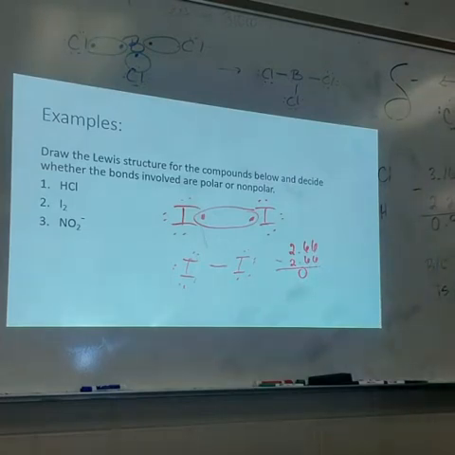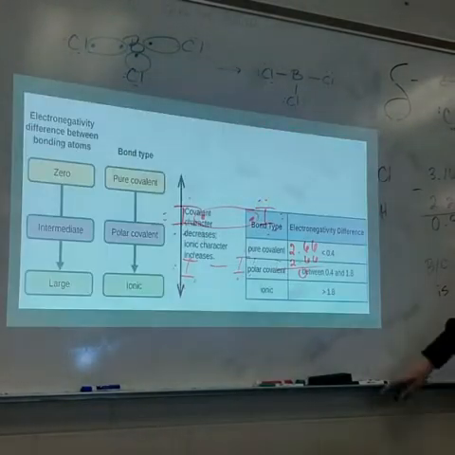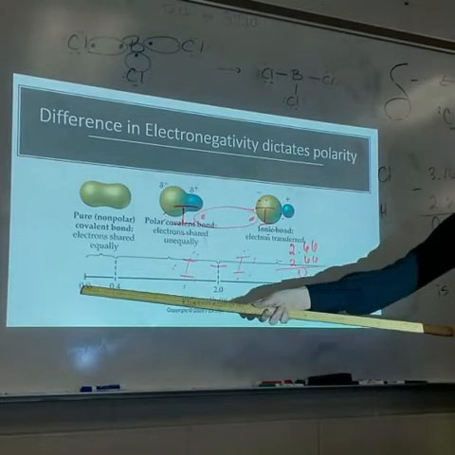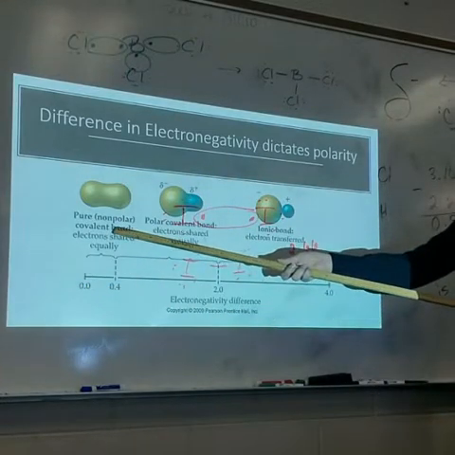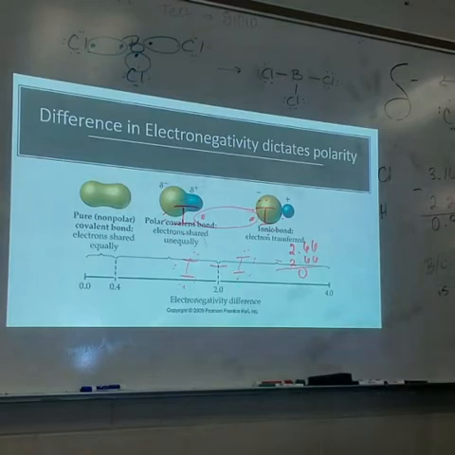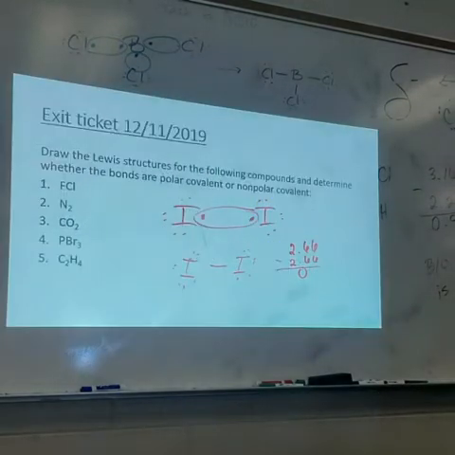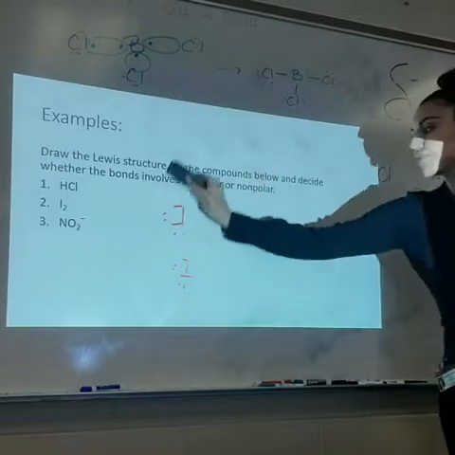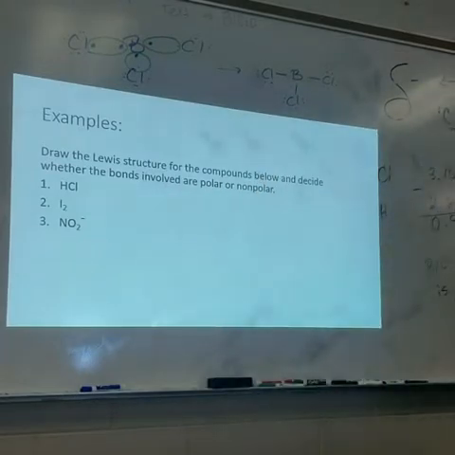Is anybody confused? All right, very good. So you come back to this chart. It's even easier to see here. 0 is nonpolar. Very good, nonpolar. So number 2 is easy. Number 3 is going to get tricky. And that's actually the main part of today's lesson.